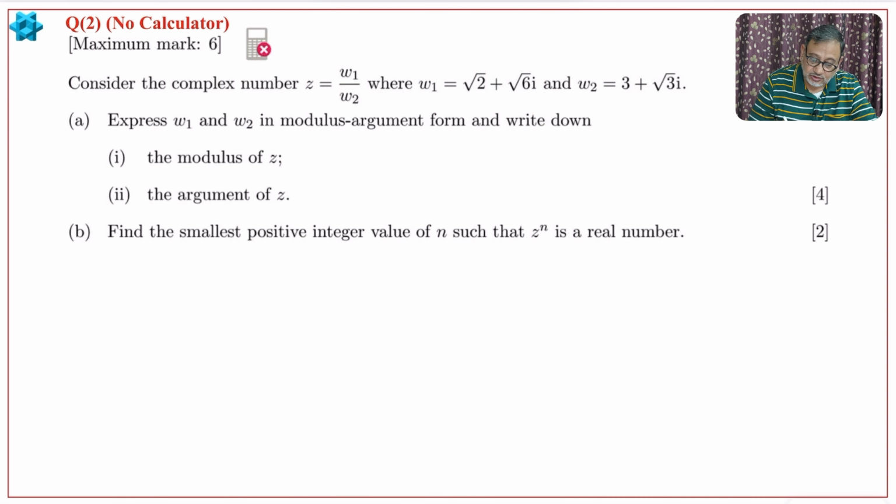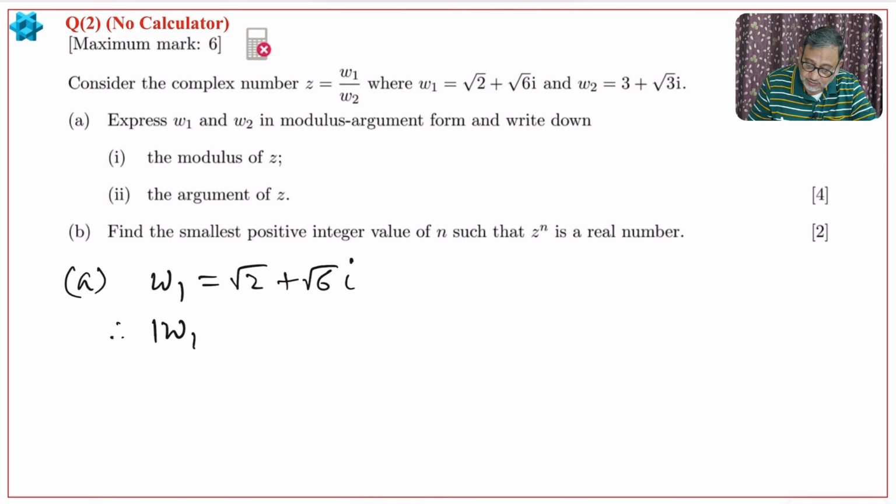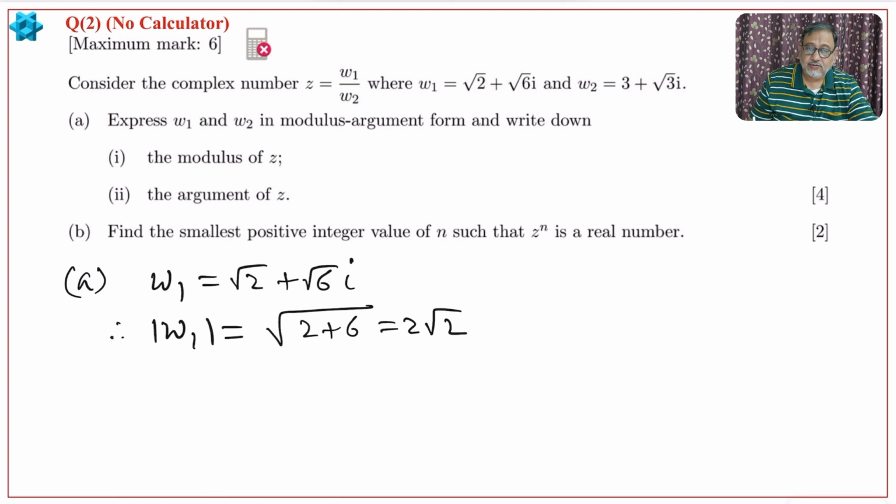Right? So first part says we have to write each one of them, w1 and w2, in modulus and argument form, right? So w1 is root 2 plus root 6i, therefore modulus of w1 will be square root of 2 plus 6, 8, which will be 2 root 2, right?